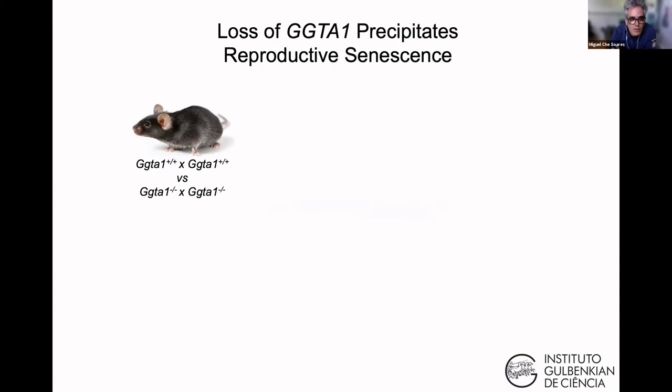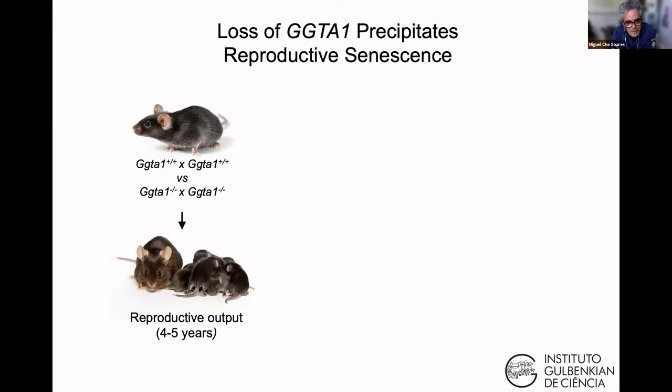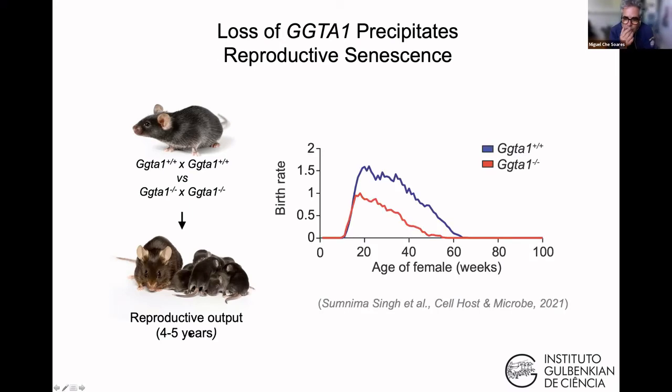And through a heroic enterprise, Sunima actually analyzed breeding pairs between GGTA1 wild types and knockouts over 4 to 5 years to see whether there was a difference. And what she found is that initially, during the first ages, we don't see any difference, but over time, the knockouts actually stop breeding and produce fewer litters compared to the wild types.